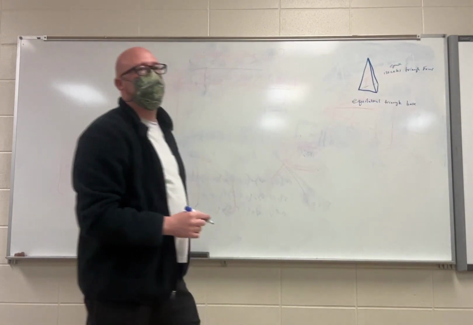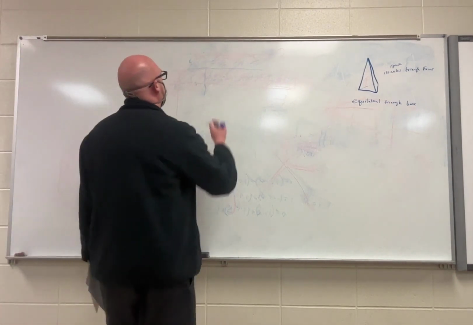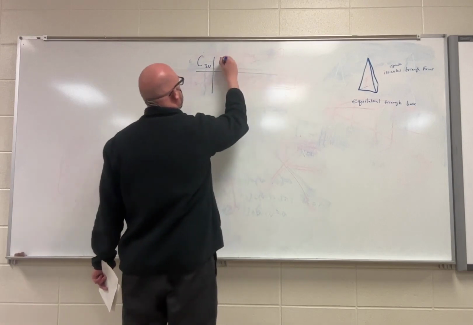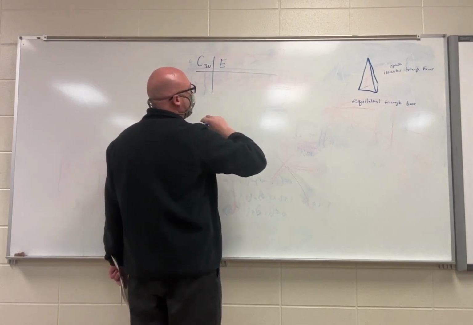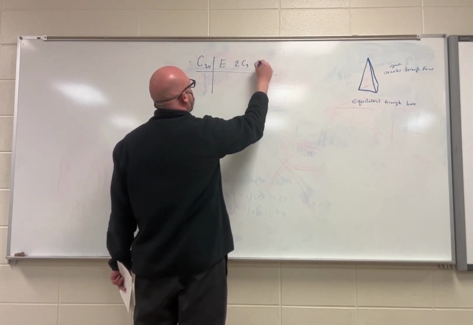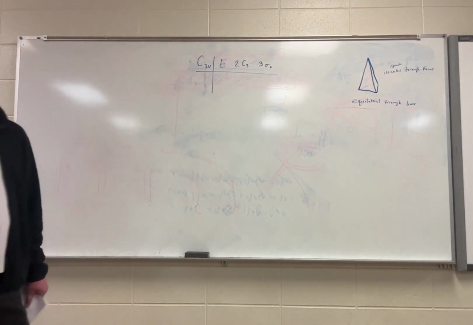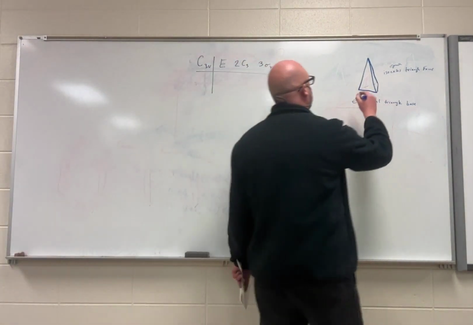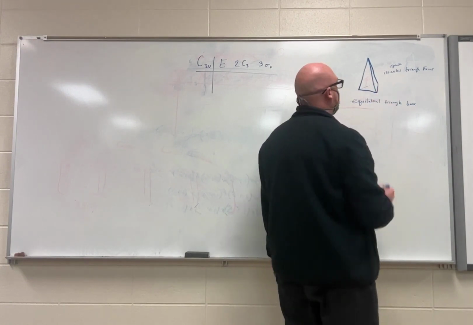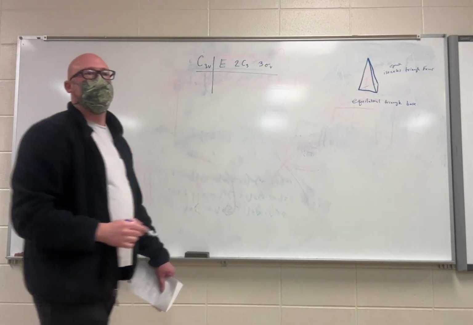What's the point group of this object? It's C3v. We have E, 2C3, and 3 sigma v, right? So let's take, maybe we have 3 people visiting along the base, and they were interested in standing at those corners.